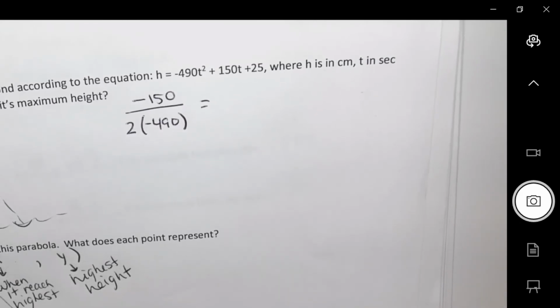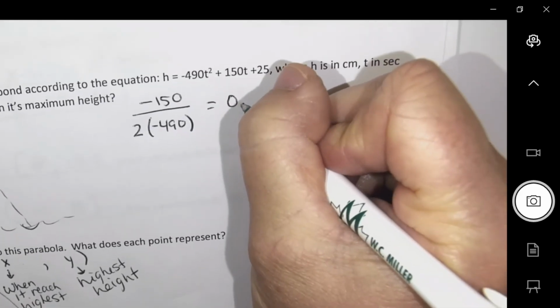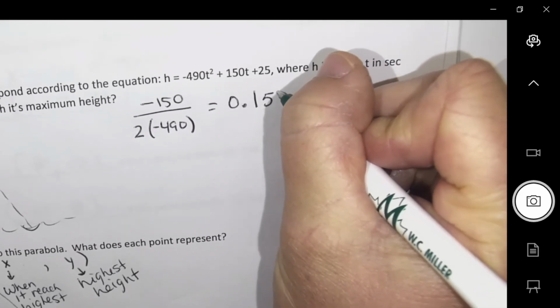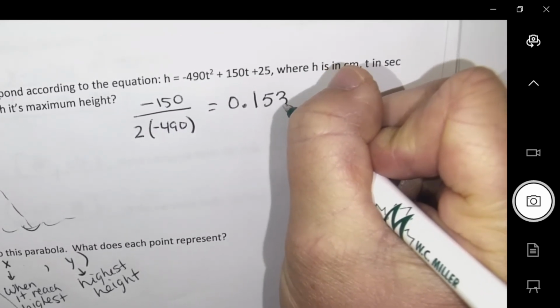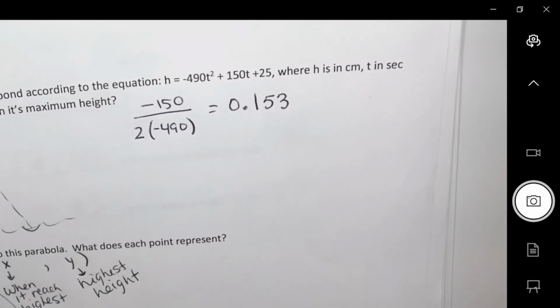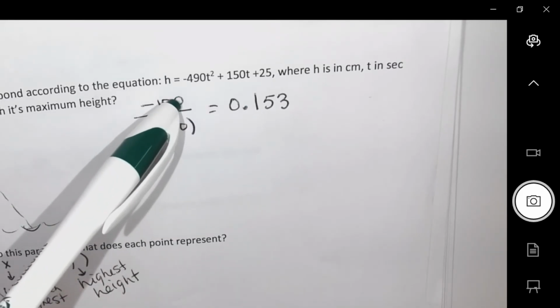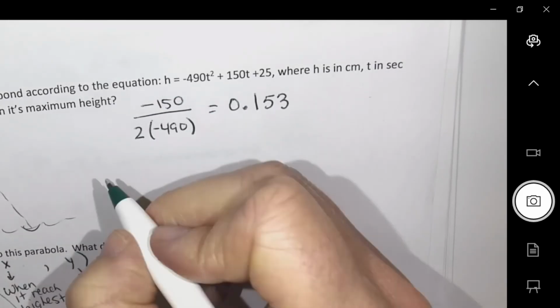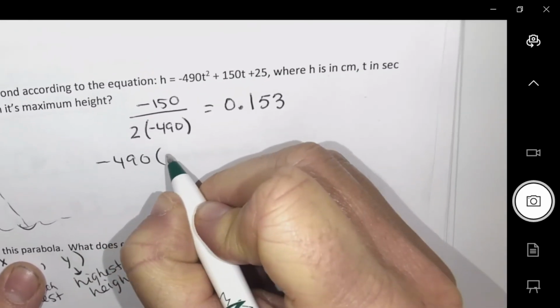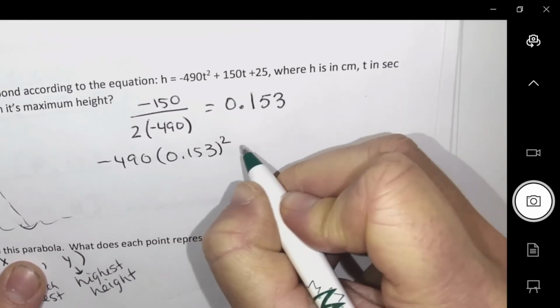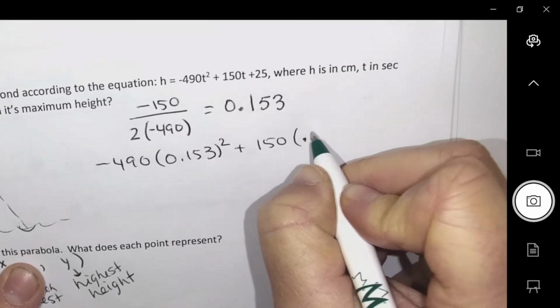Okay, if you want to do that in your calculator, if you're doing it with brackets is important. I'll go 3 decimal places on it. Okay, are we matching because we did brackets on it? Okay, negative 490 plug in squared 150 plug in.